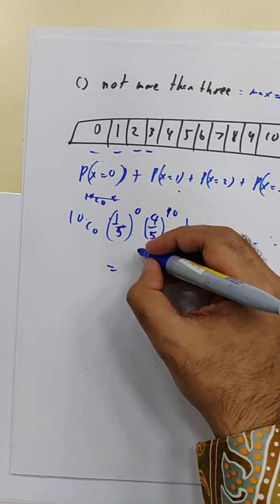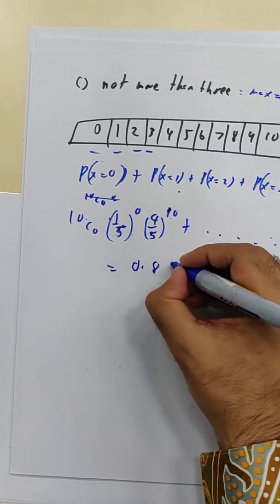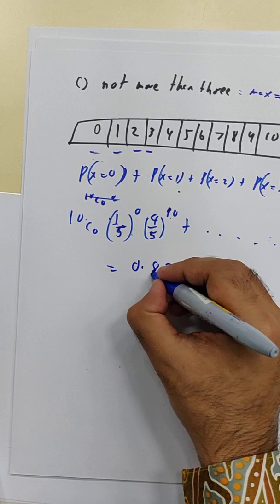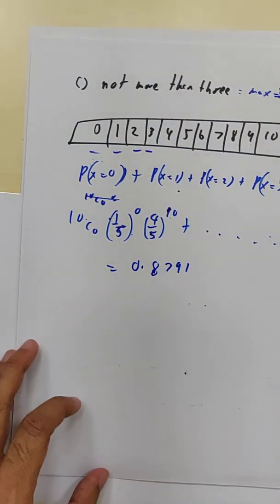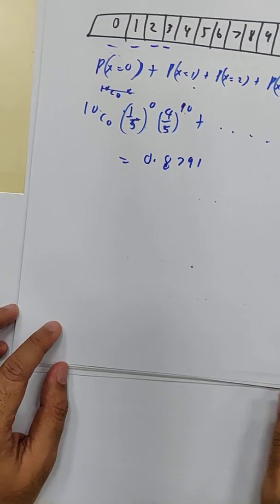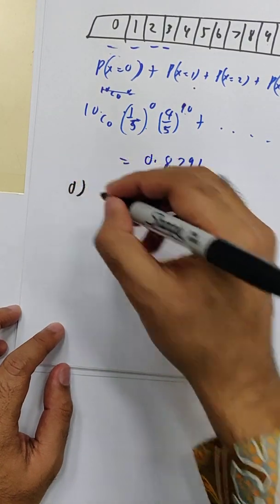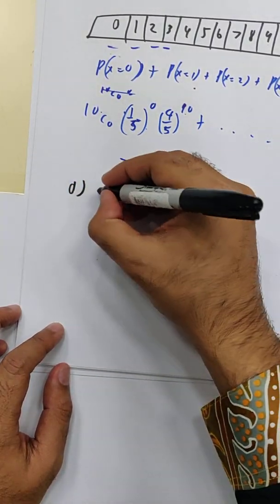You will get 0.8791. Okay? You get the same? Congratulations.